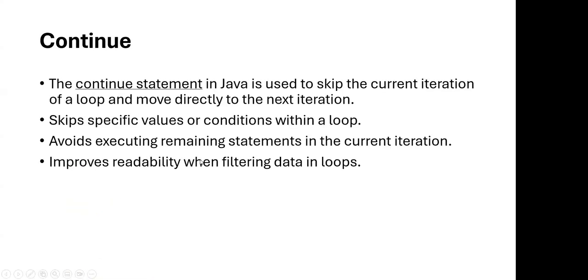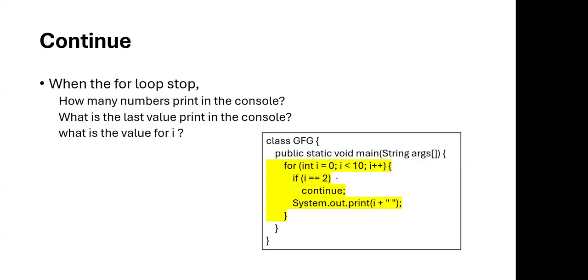For continue, it's a little bit different because it is used to skip the current iteration. It is to skip rather than break, or we say stop. It only skips the current iteration. So let's see the same example here. It says, if I is equal to 2, we continue. That means continue means we are going back. From this line of code, we go back here.